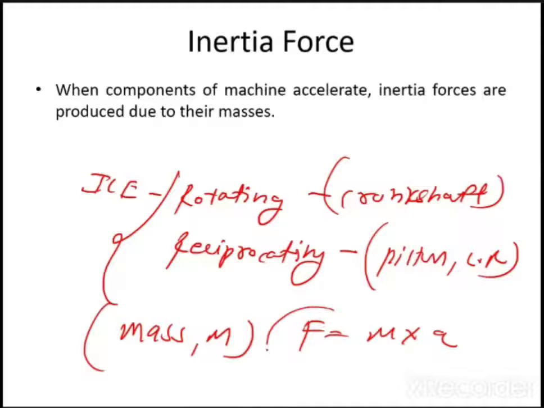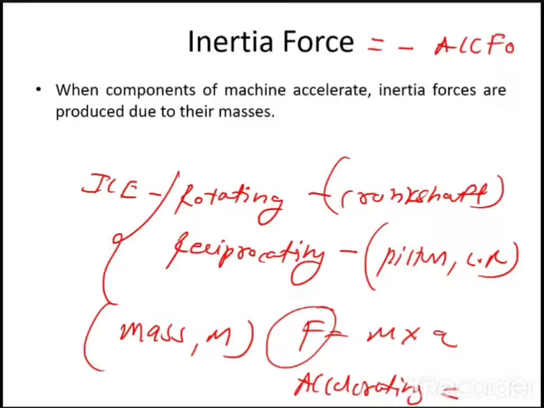This F is called the accelerating force, and inertia force is exactly equal and opposite to it. So you can say that inertia force is equal to minus accelerating force.